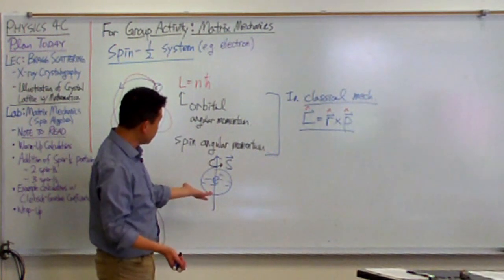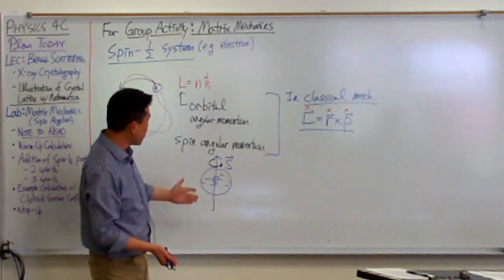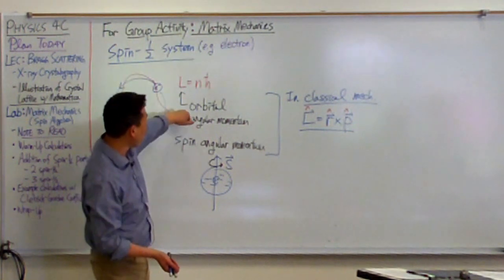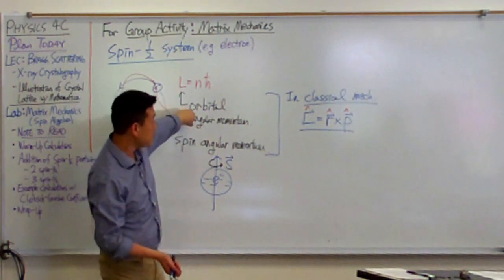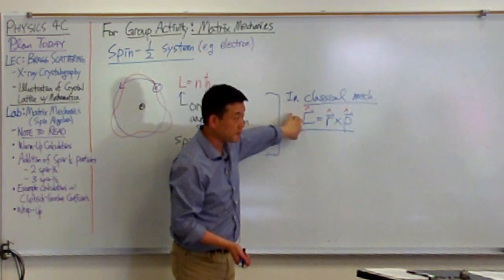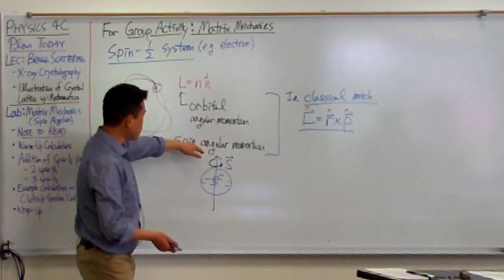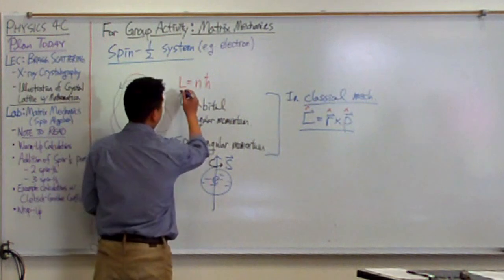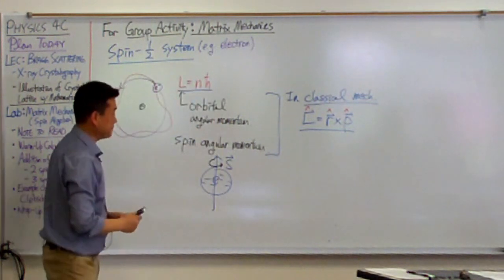The second thing is this. If quantum mechanical spin could somehow be reduced down to orbital angular momentum of some kind, the way it works out in classical mechanics, spin angular momentum would obey a similar rule as what the orbital angular momentum does.